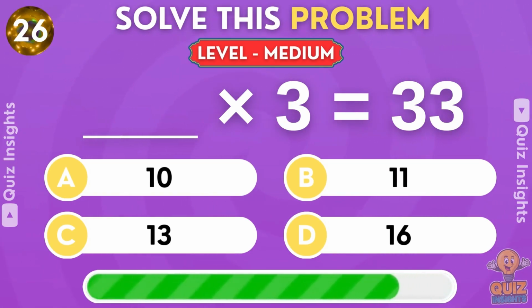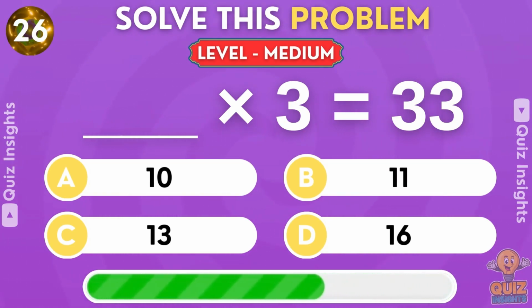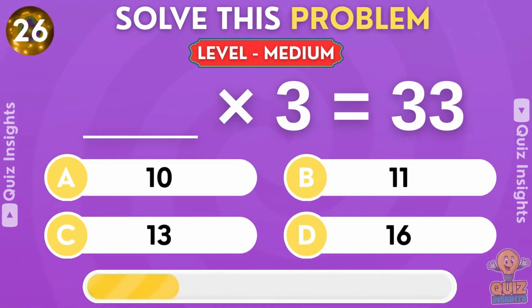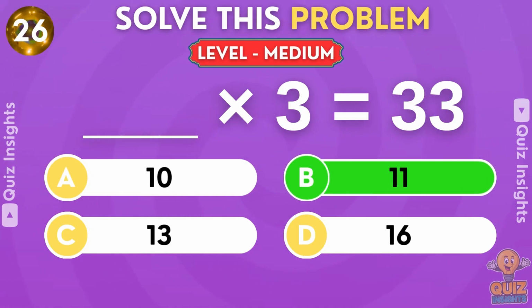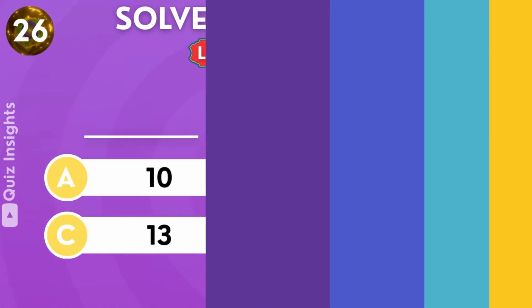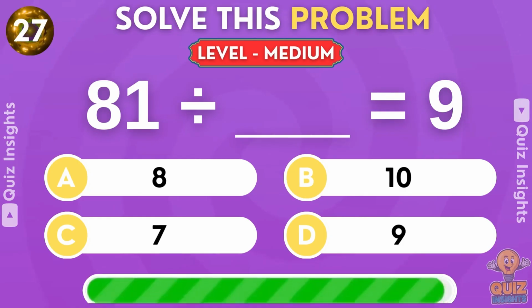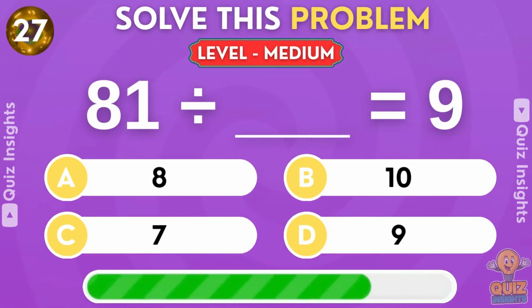What number multiplied by 3 equals 33? Yes, it's 11. 81 divided by what number equals 9?